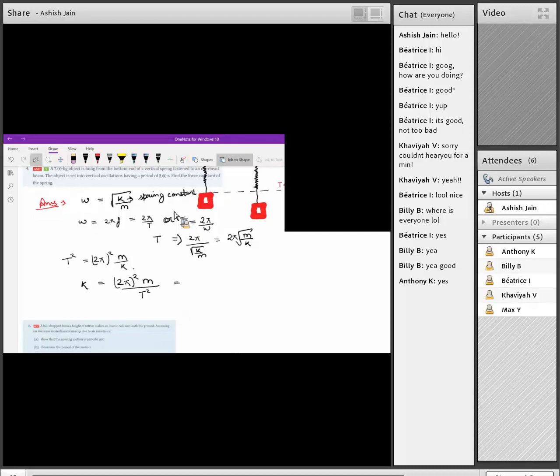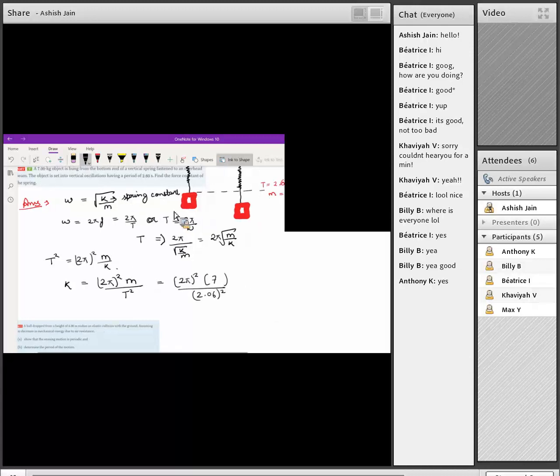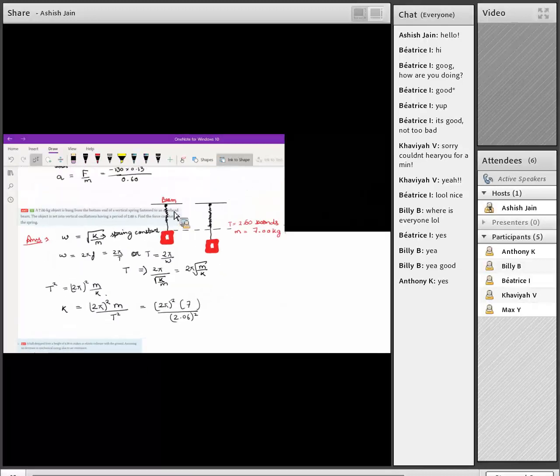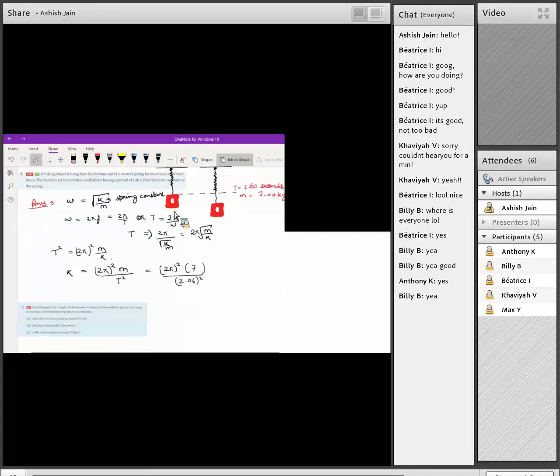Mass is given, T is given, so you just have to substitute the values and you'll get the answer. Is it good? Okay, so I can move on to the next question.